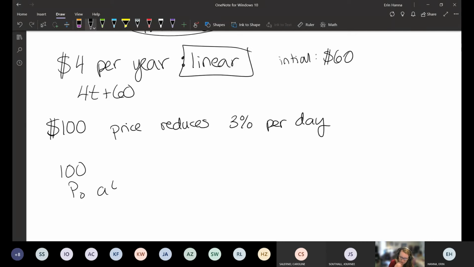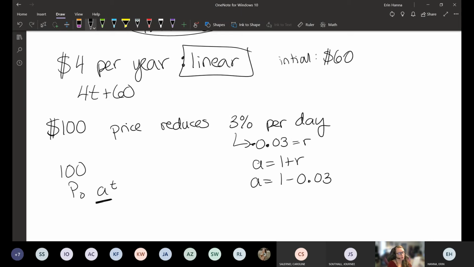Now this is technically 0.03, and it will be negative because it's reducing. But this is our R value. It's not the A value we need for the equation. So if A equals 1 plus R, then here we'd have 1 minus 0.03, which would give 0.97. So you'd want 0.97 to the t instead of negative 0.03 to the t.